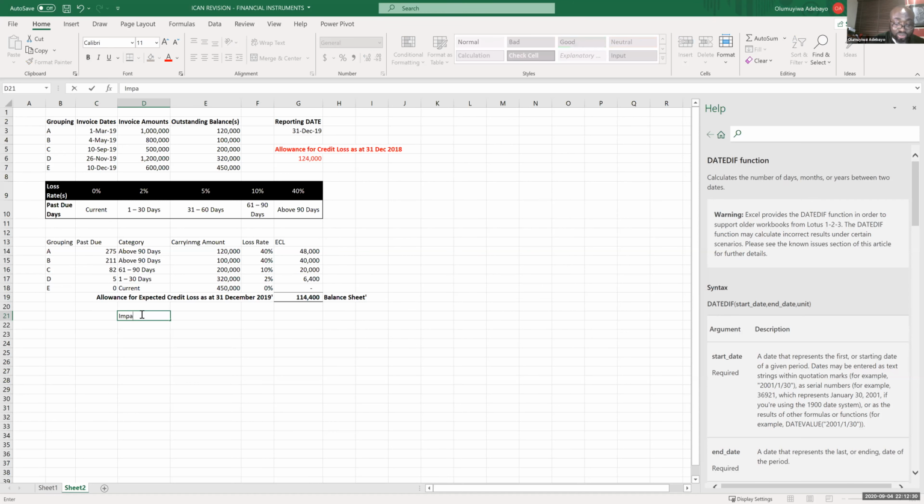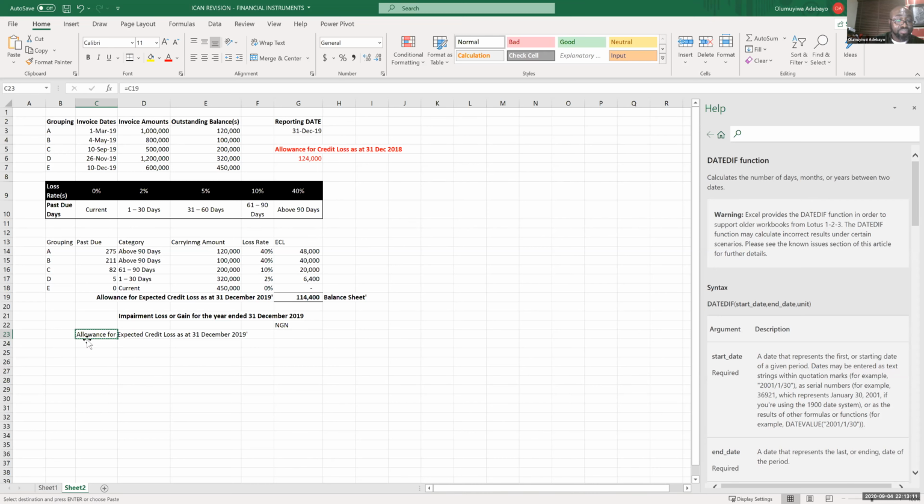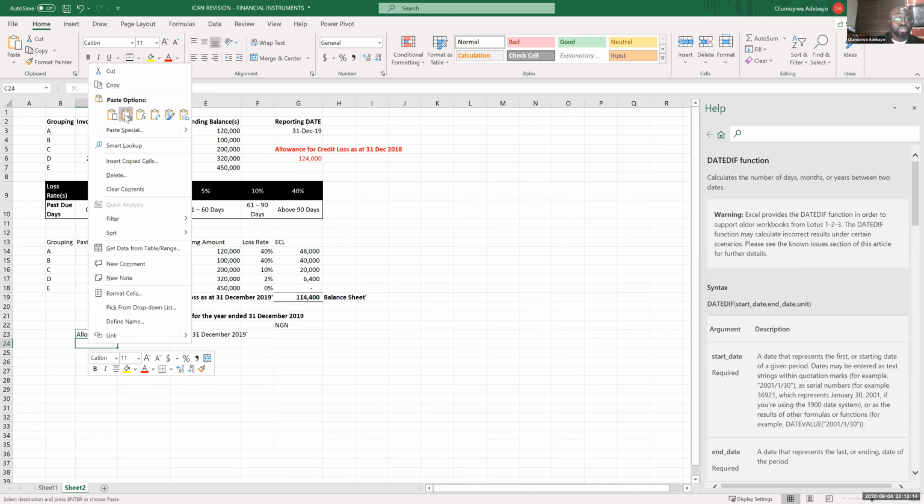My impairment loss or gain for the year ended 31st December 2019 is for me to compare, in Naira terms, my allowance as at 2019 December and my allowance as at last year, 2018.